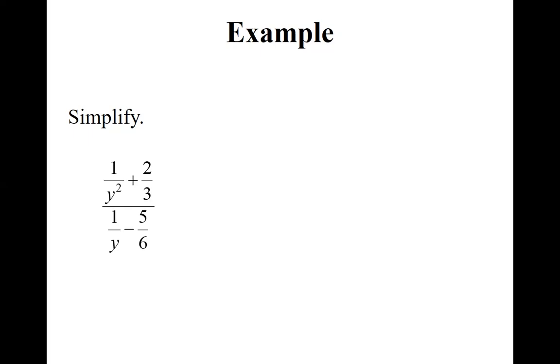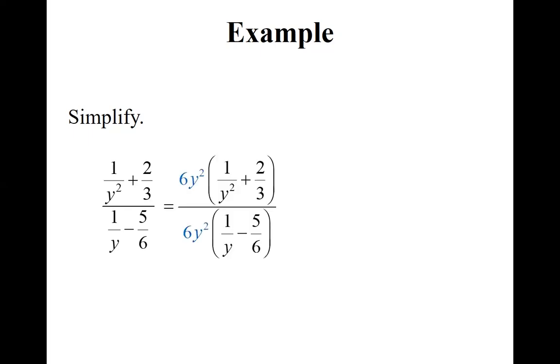or 6y squared. Let's multiply both the numerator and the denominator by 6y squared. Notice that's something over itself. That's multiplying by 1. We're not changing the value.